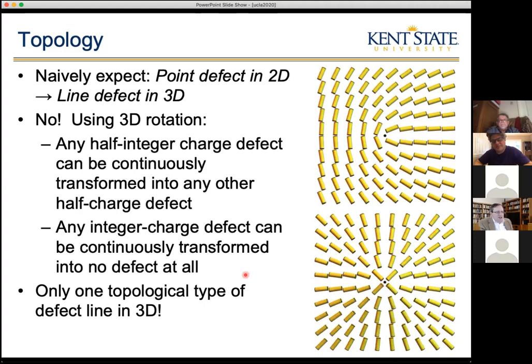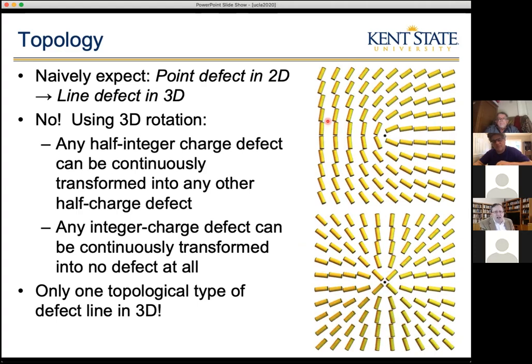So the lesson of that is that these things on the bottom are not defects at all. They are topologically equivalent to a non-defect state. So I will cross them off with my laser pointer. And the things on the top, that's just one kind of half-charge defect.